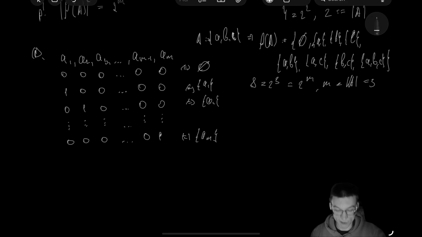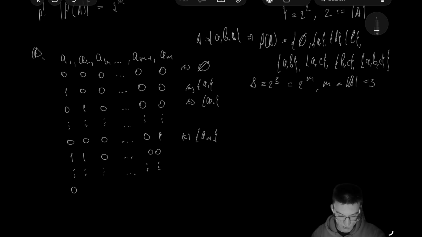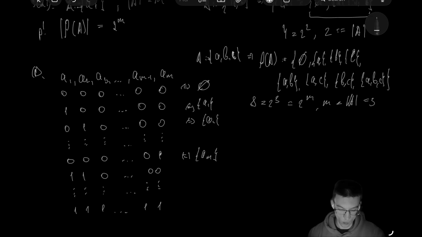Now we can do the same for the first 2 elements, like 1, 1, 0, and so on. Taking all these possible combinations, we can reach a situation where we have 1, 1, 1 until 1, 1. So we have a table where each cell can be represented by 2 possible states, 0 and 1.